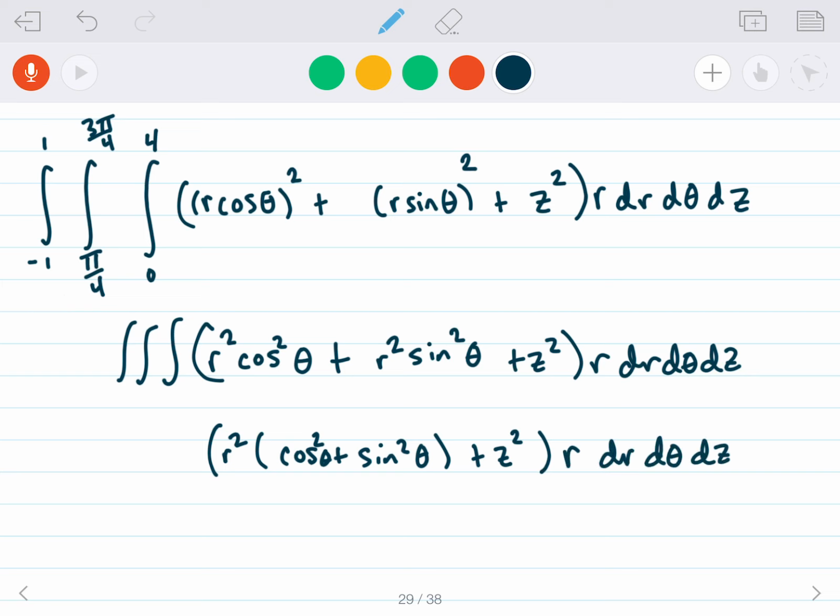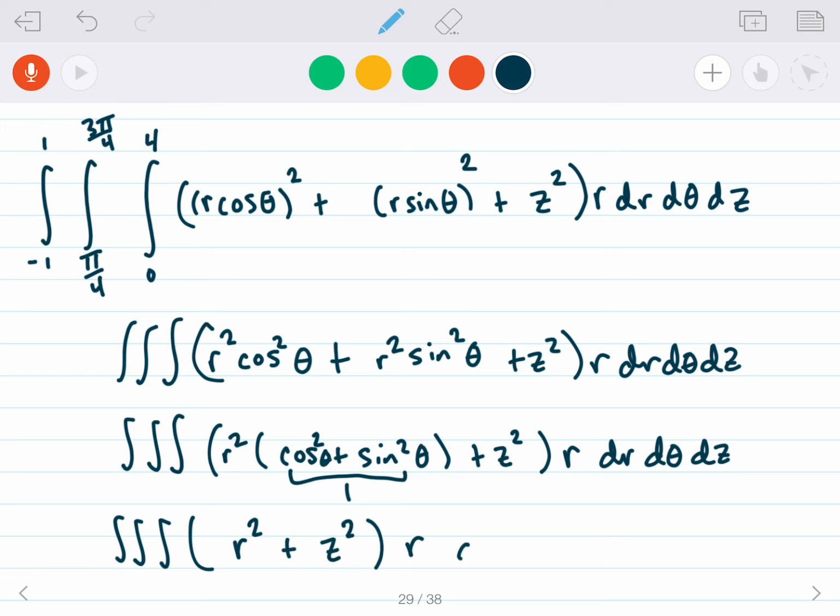So I'm just cleaning this up before I actually evaluate my integrals. So this is equal to 1. That's nice. So I have this triple integral, and then r squared times 1 is just r squared, so hopefully I can just leave that as it is, plus z squared times r, dr, d theta, dz.